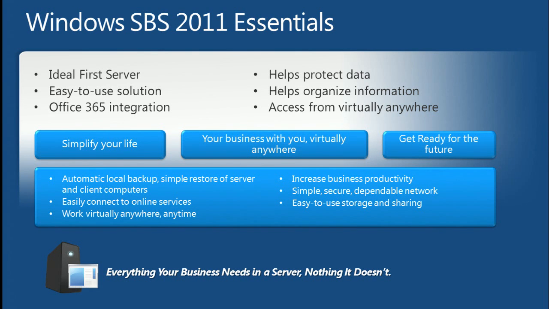I know most folks probably have more familiarity with SBS Standard, which of course has that integrated Exchange server as a component product. With Essentials, we're really looking to cloud-enable small business IT. That's the whole point behind this deep integration with messaging in the cloud. The first thing we'll talk about is Office 365.